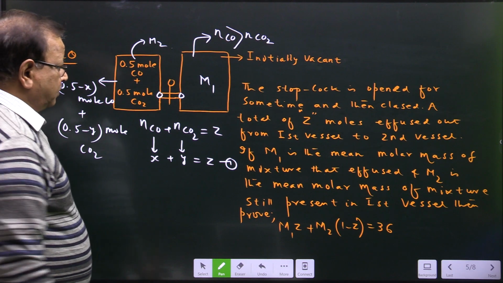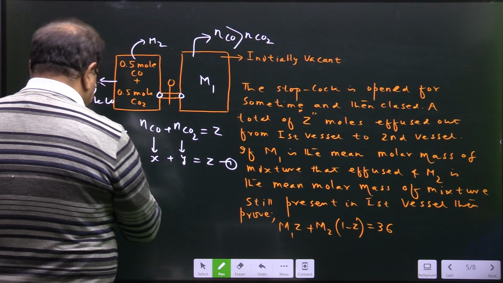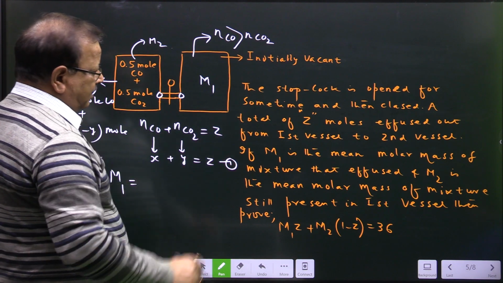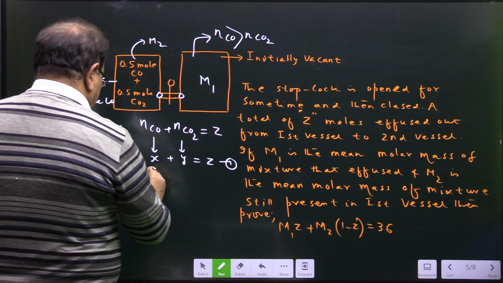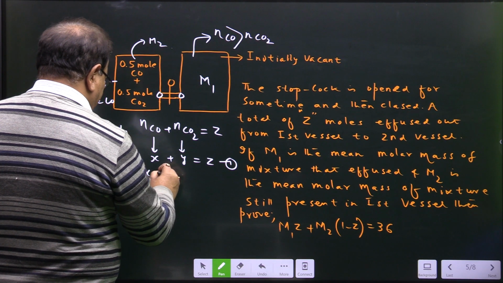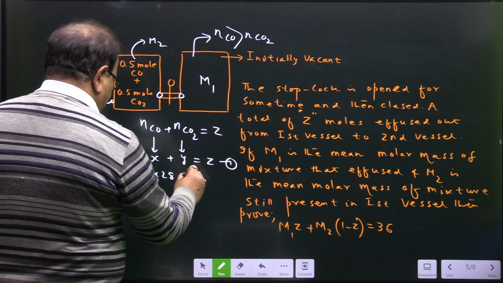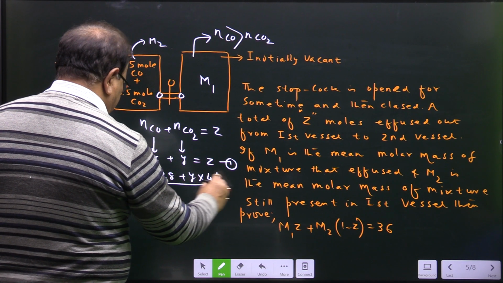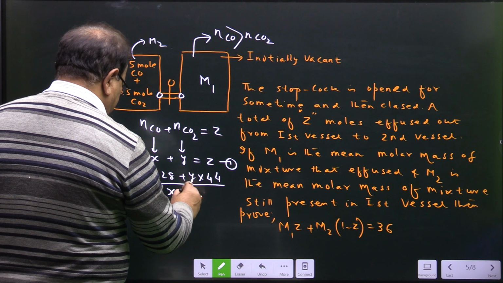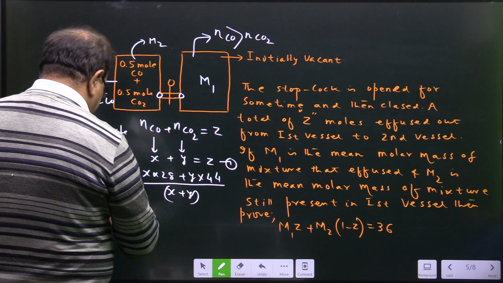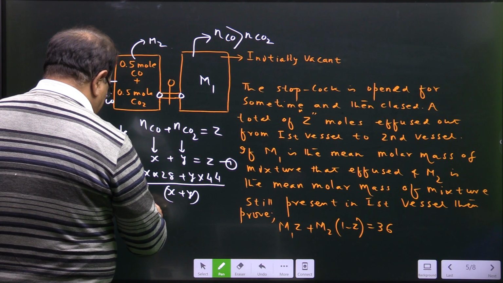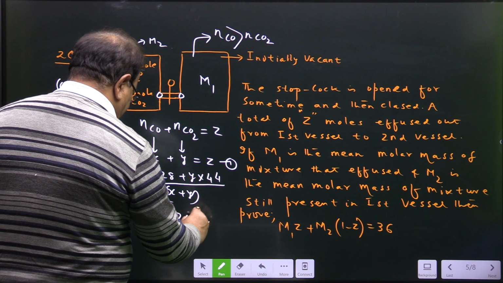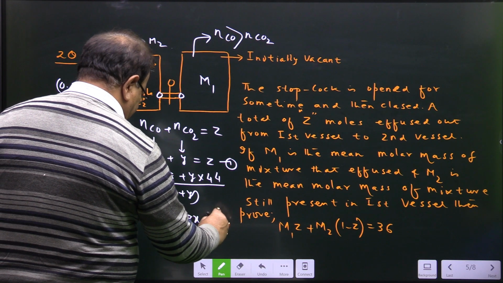Come in the case of M1, this M1 is equal to molar mass है किसका, इस मिक्सचर का. तो X into 28 for CO plus Y into 44 for CO2, total moles is X plus Y. X plus Y is Z, इसलिए M1 into Z is equal to 28X plus 44Y.